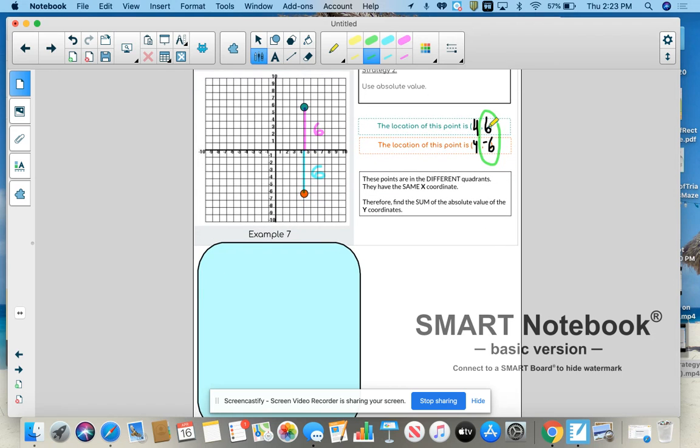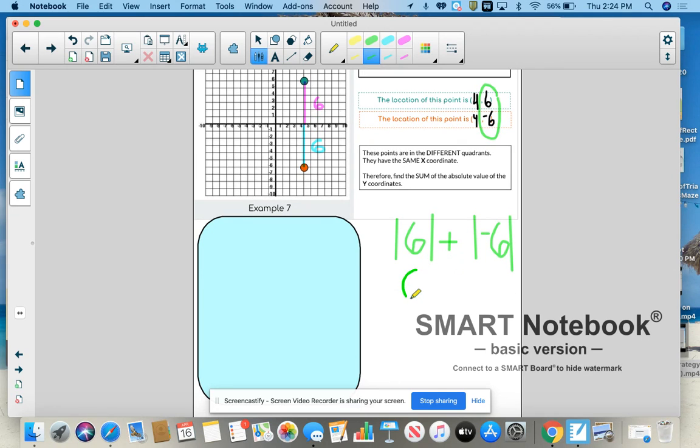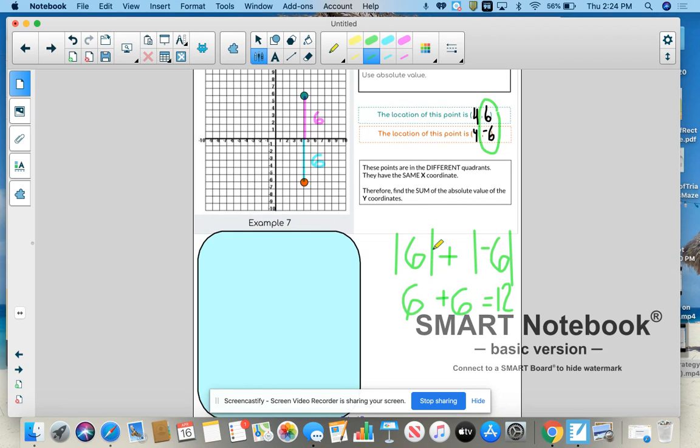So I'm going to still take the absolute value of those numbers, so the absolute value of 6 and the absolute value of negative 6, but we're adding this time. So I'm going to put a plus sign here. The absolute value of 6 is 6. The absolute value of negative 6 is 6. 6 plus 6 gets me 12. And that goes back to my answer that I found up here.